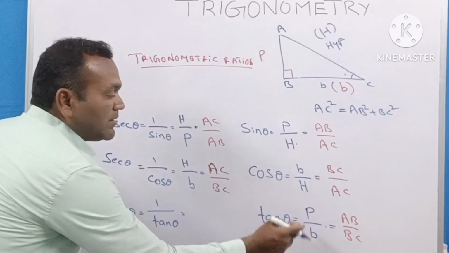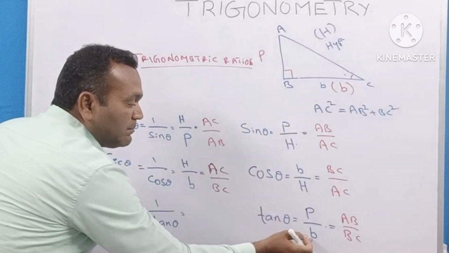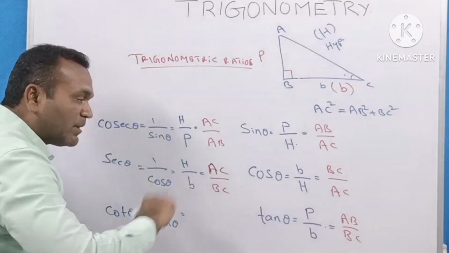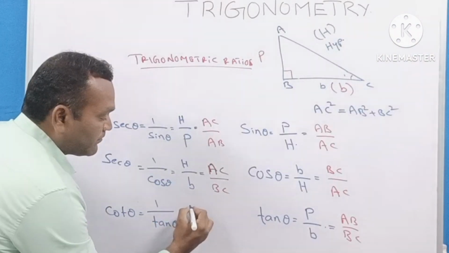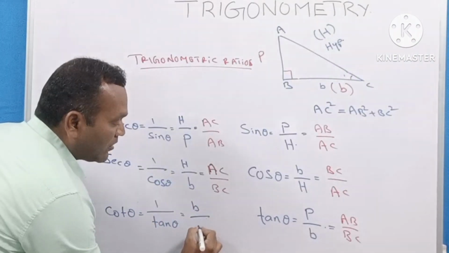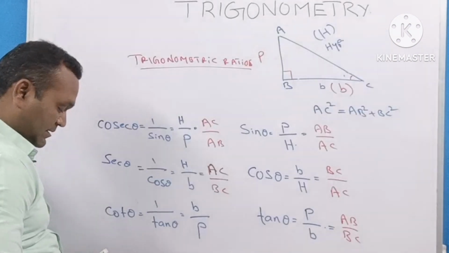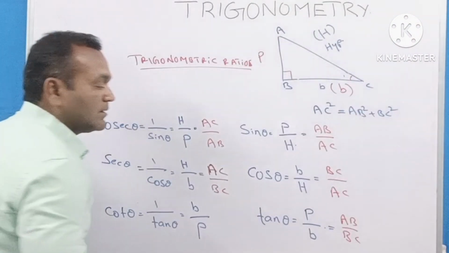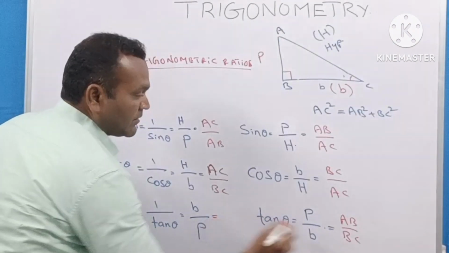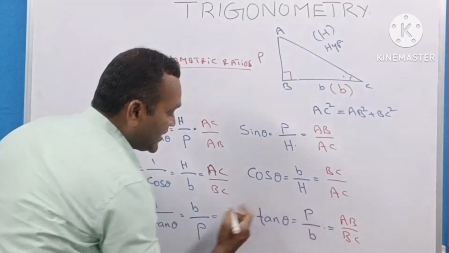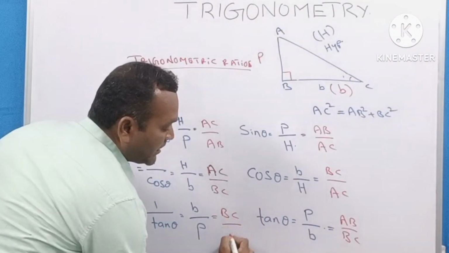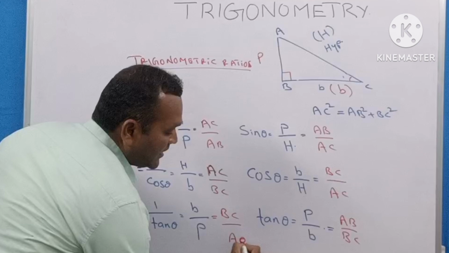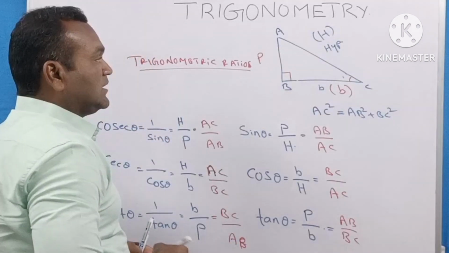P by B, meaning opposite by base. So we will write here base by perpendicular, B upon P. Okay guys. Here AB by BC, here I will write BC by AB.